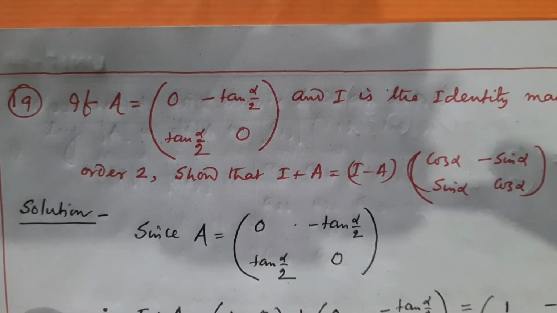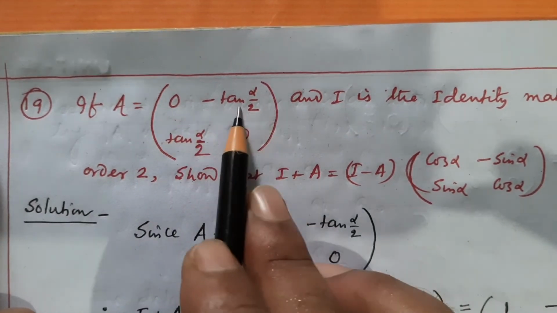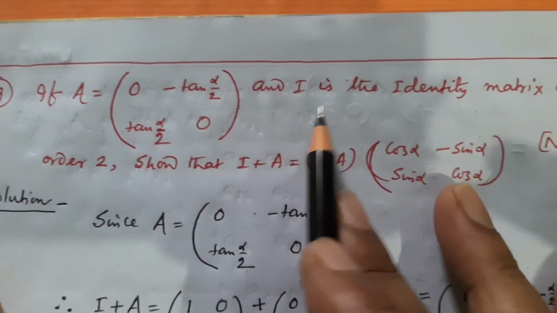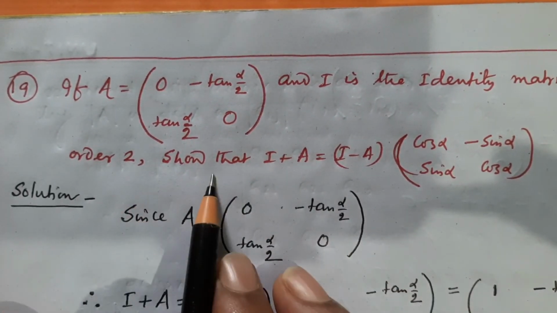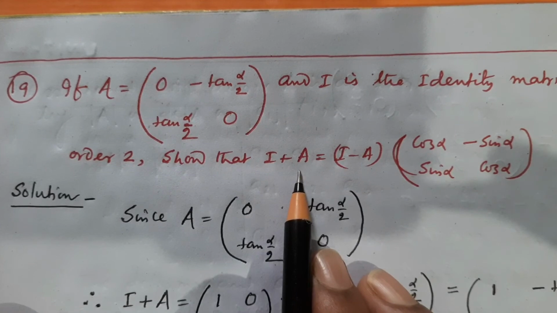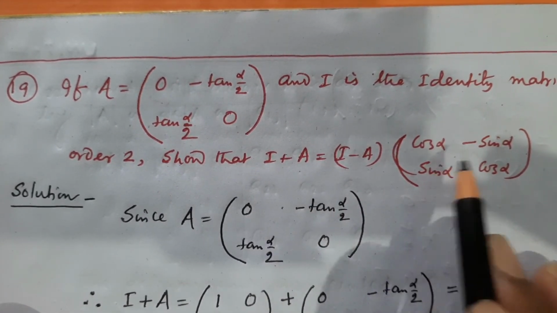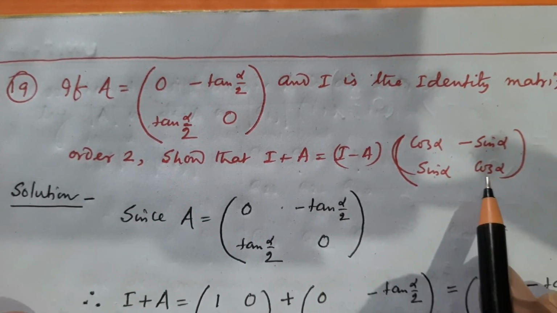Next, question number 19. If A equals [0, minus tan alpha by 2; tan alpha by 2, 0], and I is the identity matrix of order 2, show that I plus A is equal to (I minus A) into [cos alpha, minus sin alpha; sin alpha, cos alpha]. Solution.